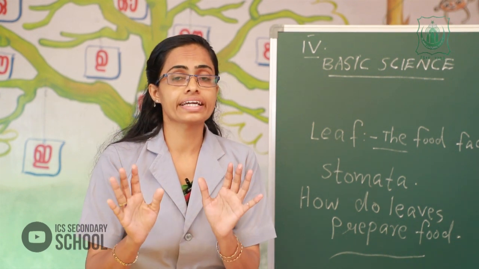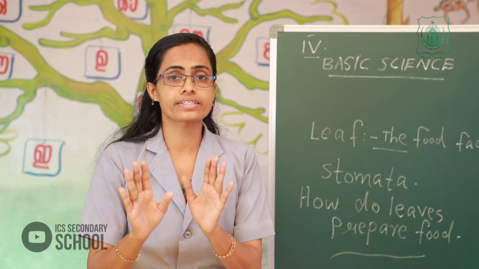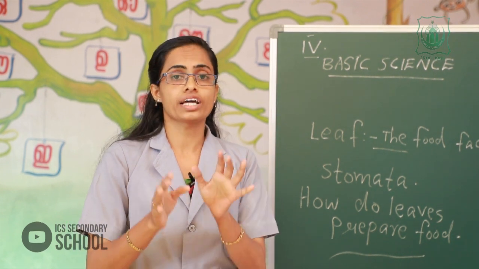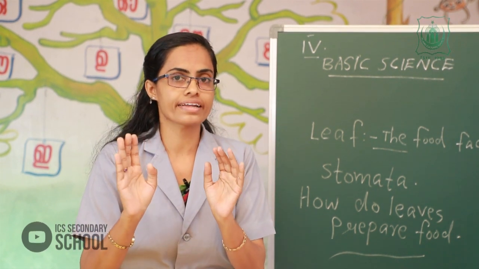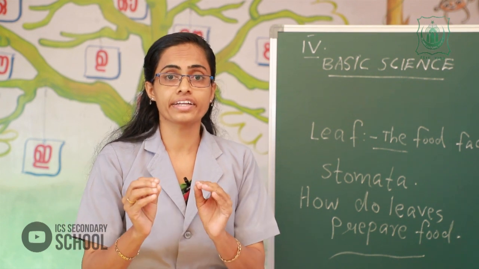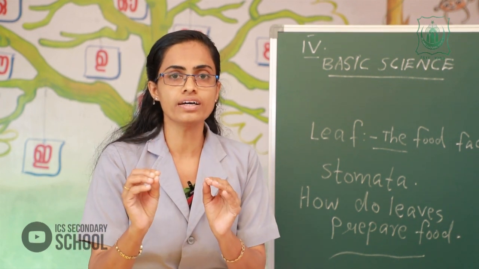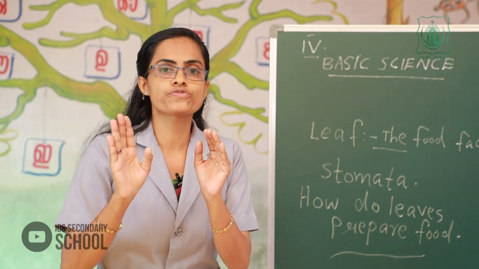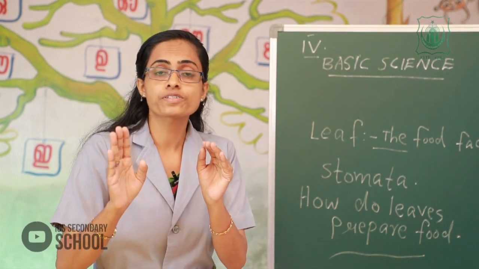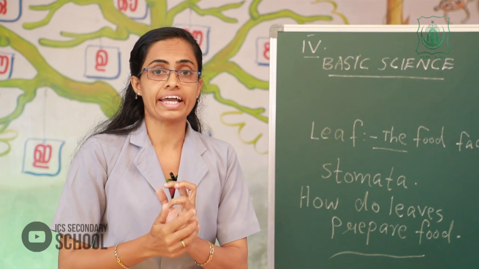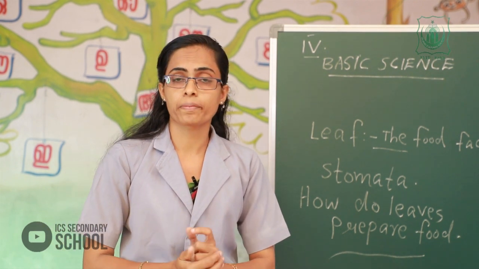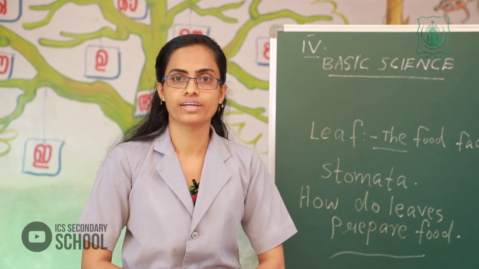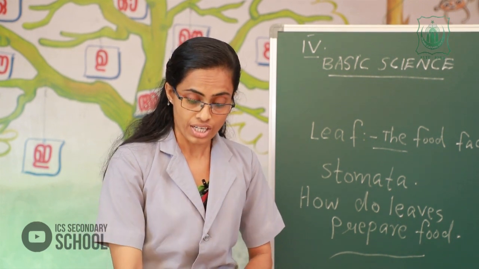The leaves contain tiny openings called stomata, already discussed. Most of the leaves are green in color. They contain a green pigment called chlorophyll. Now the leaves prepare food using air, water, carbon dioxide and the presence of sunlight.